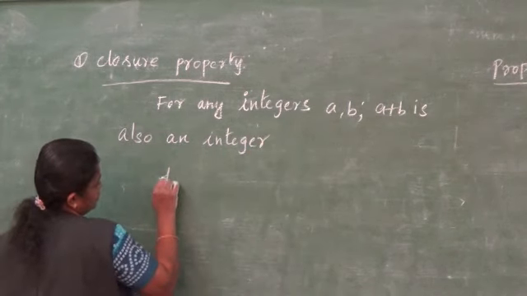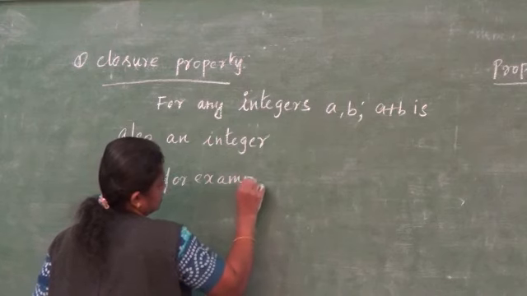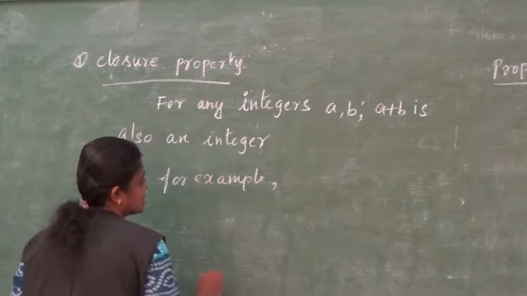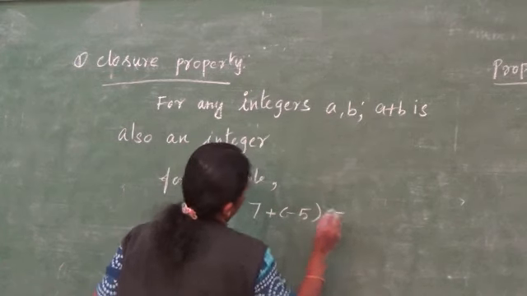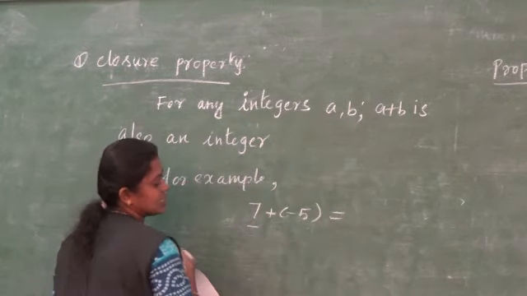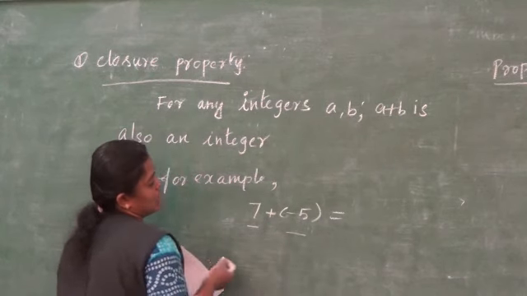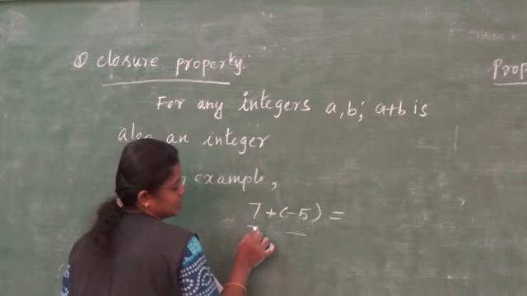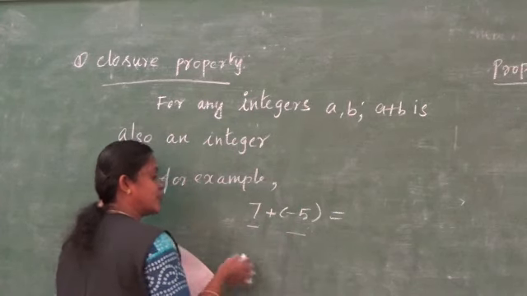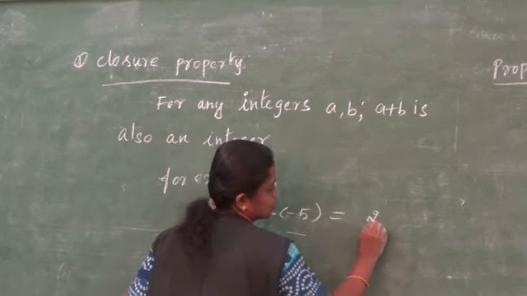For example, 7 plus minus 5. Here 7 is a positive number, 5 is a negative number. According to our rule, how to find the difference between 7 and 5. If we are finding the difference between 7 and 5, we will get 2.